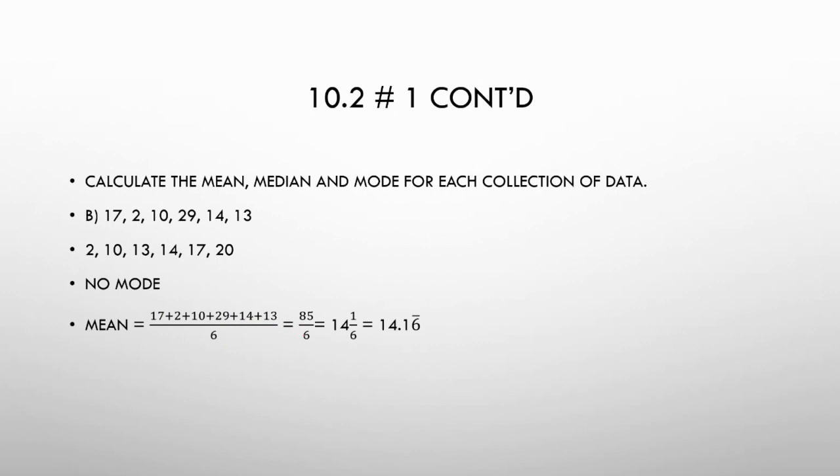So I got 85 divided by 6, which is 14 and 1/6, or 14.16 repeating. To get the median, I looked at my numbers in increasing order, and I saw that there are 2 middle numbers, so I added them together and divided by 2, and that gave me 13.5. Is that okay?